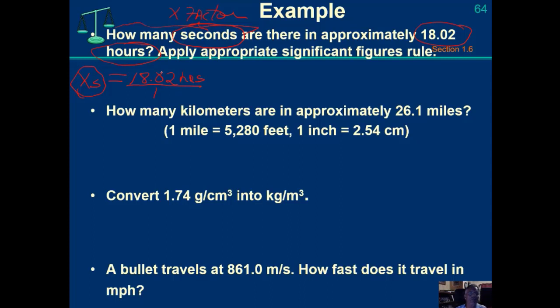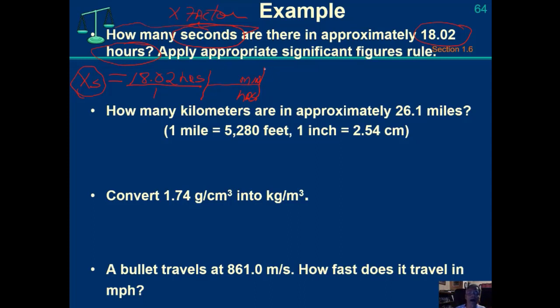So now I have a numerator and a denominator, and now I'm going to come up to my first conversion factor. My conversion factor wants to cancel hours and go to some smaller unit. So I'm going to go from hours to, I can't go directly to seconds, I could, but let's keep it simple, let's go to minutes, because most people know how many minutes there are in an hour.